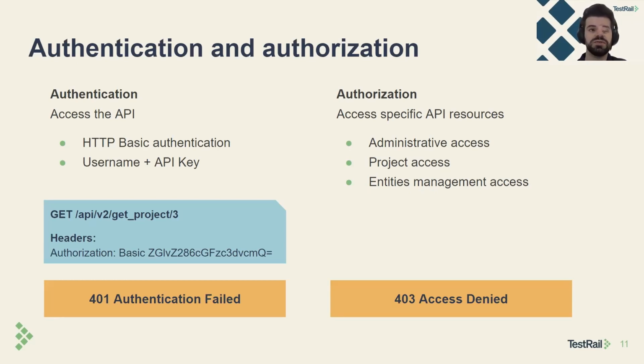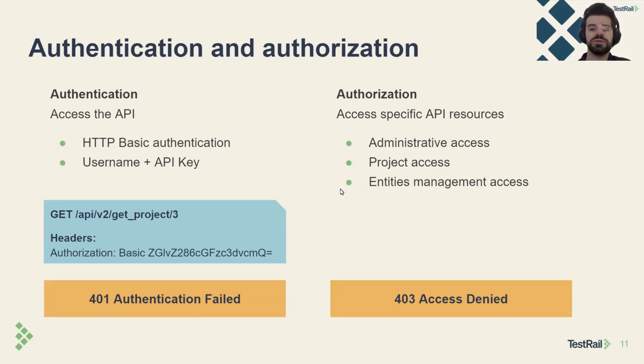To do that, all you need is to send a header, such as the one you can see here, with the authorization header, which is Basic, and then an encoded version of your username and your API key or your password. If you don't get the authentication right, you'll get the 401 authentication failed status code, but you should be able to get this fairly easily. We are going to showcase how you can achieve this in our demo.